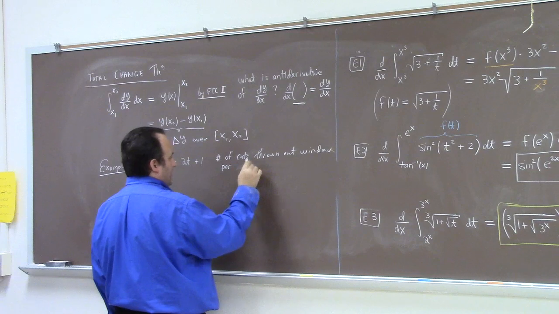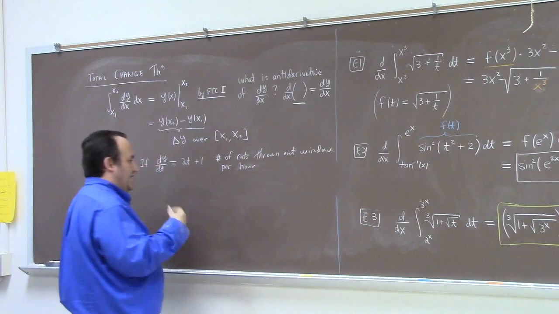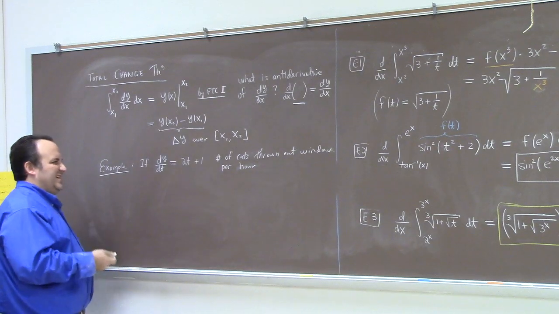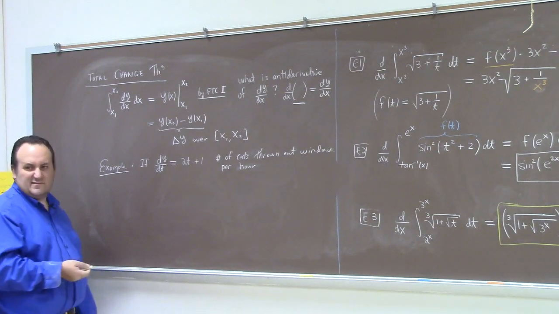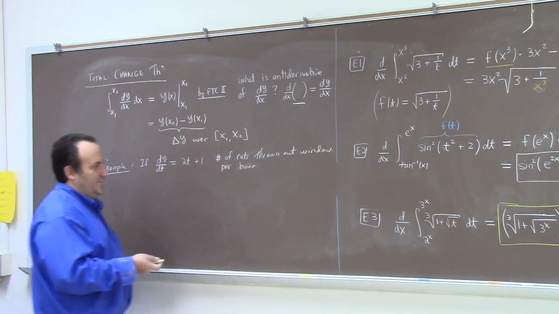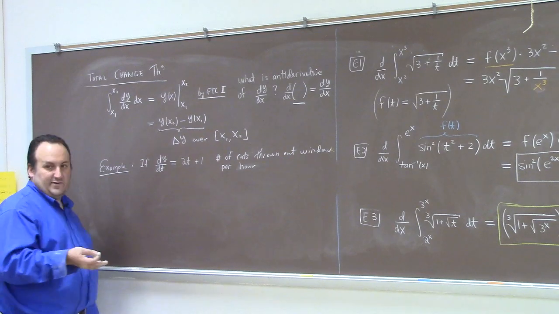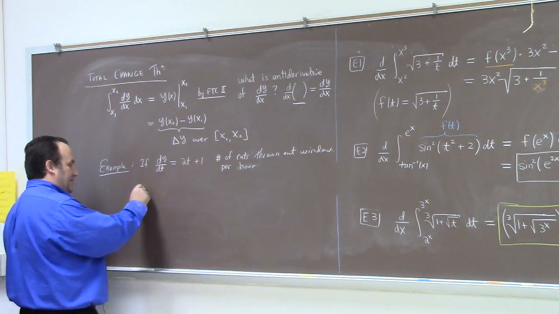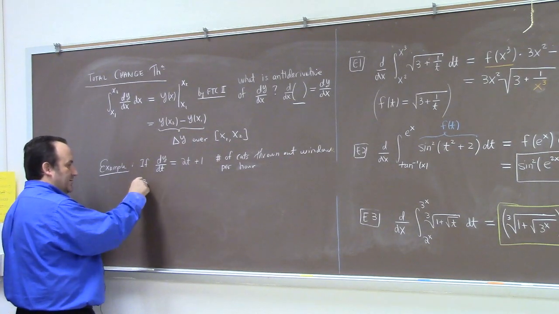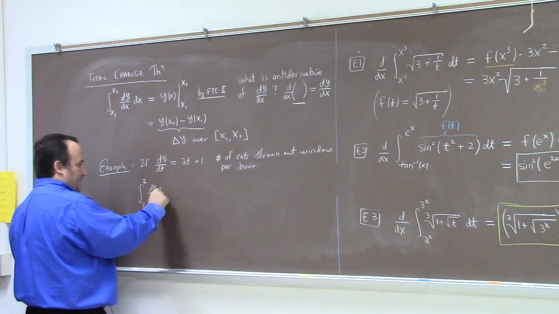Well, let's say per hour. So suppose that t is in hours and y is in cats. And if I wanted to know how many cats were thrown out the window, say from hour 1 to hour 2, then I would integrate from 1 to 2 dy dt, right?